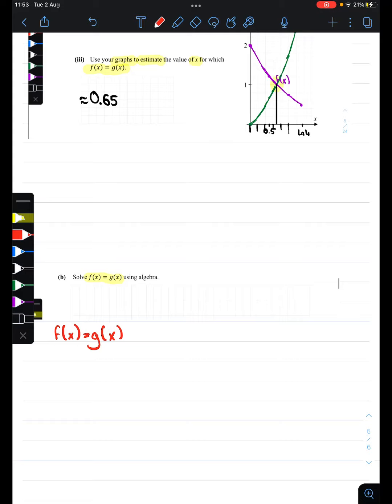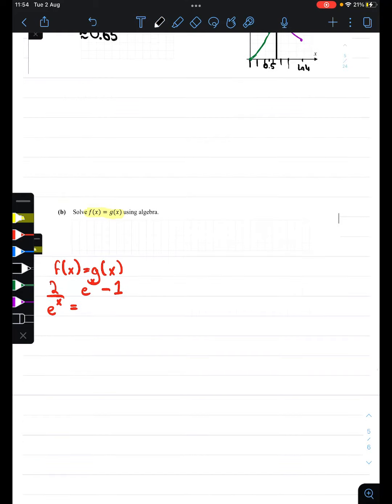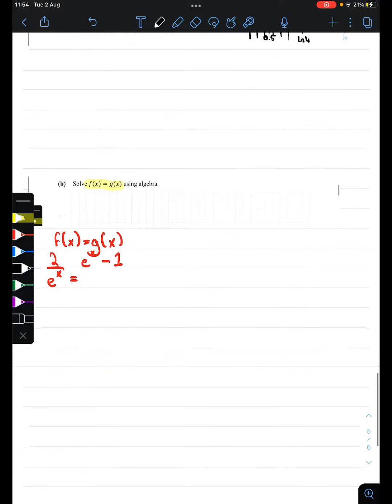Okay, well, this is the same as 2 over e to the x equals e to the x minus 1. Having an e to the x on the bottom is not really very nice.